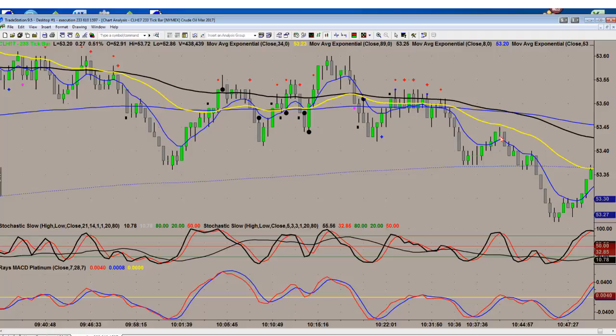The 535 a lot of times will be temporary, and you're seeing exactly what it is. Actually, most people are looking at the 200 exponential for their timing.